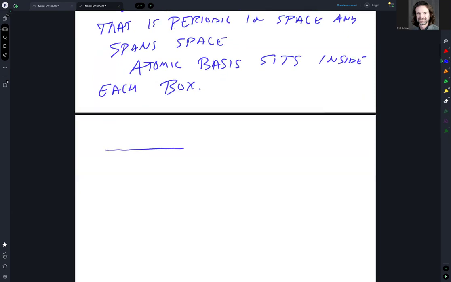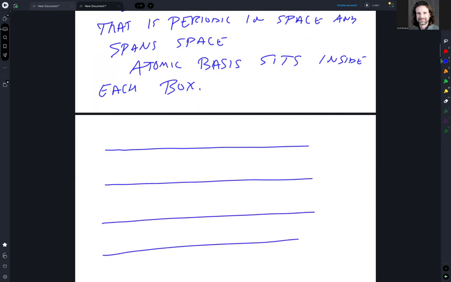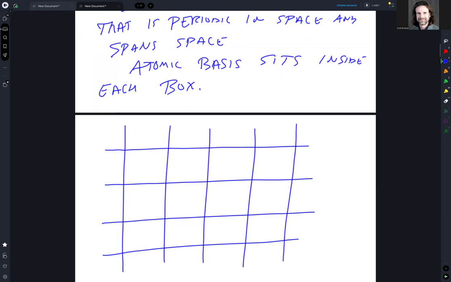So, for example, say I have some set of boxes. Now I'm going to define this box as one unit cell. And within that unit cell, I'm going to put an atomic basis.